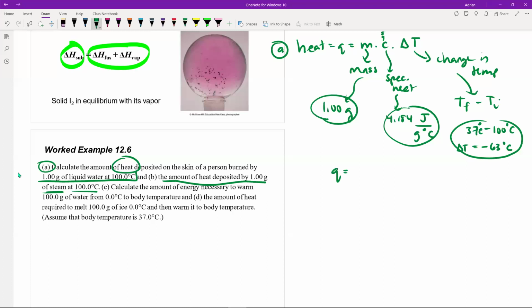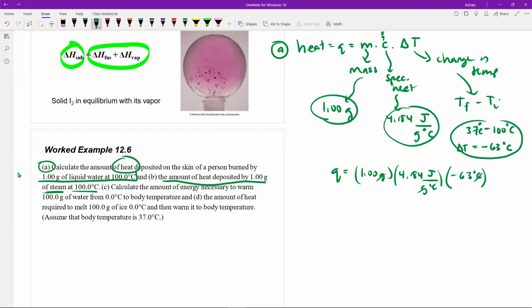So we have our heat equals mass 1.00 grams times c 4.184 joules per gram degrees Celsius, and then delta T is negative 63 degrees C.